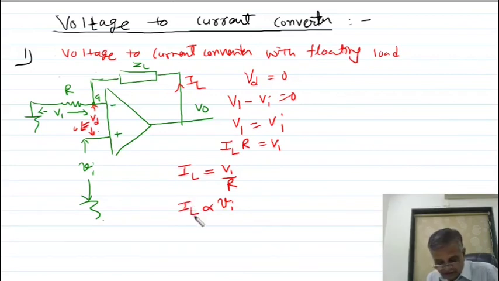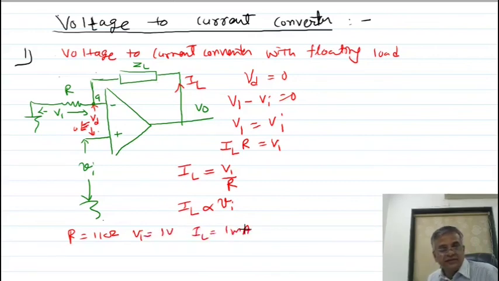Suppose my R is 1 kilo ohm and the input is 1 volt. Clearly, my load current IL is 1 milliampere. Now suppose R is 1 kilo ohm and VI is equal to 2 volt. What is your IL? IL is 2 milliampere.